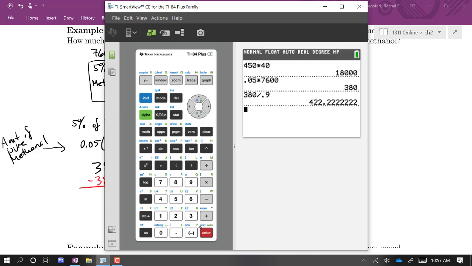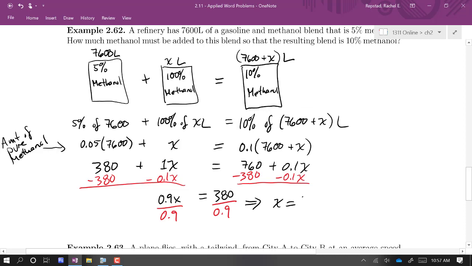We have 422.2 liters. And I'm going to answer this in context. 422.2 liters of methanol must be added.